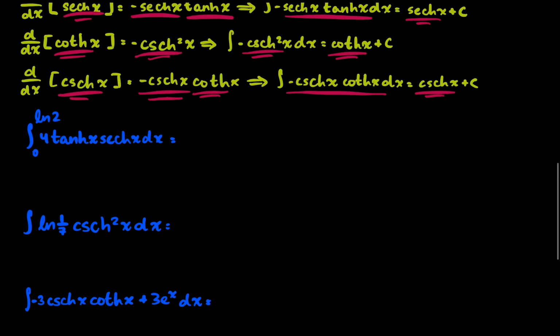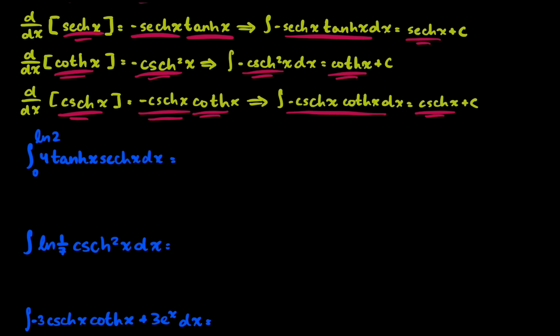If we go up over here, we can recall that the derivative with respect to x of sech x is negative sech x tanh x. With that in mind, we recognize the tanh x and the sech x, and then we have this 4 as a scalar.